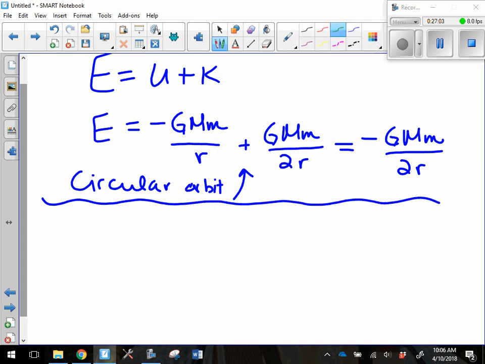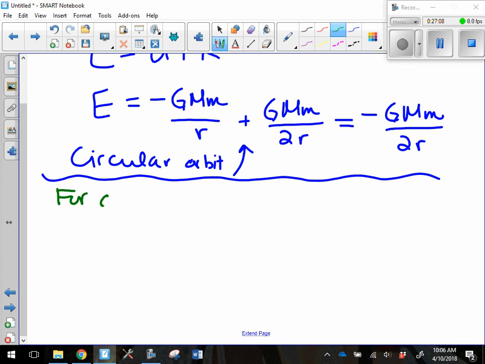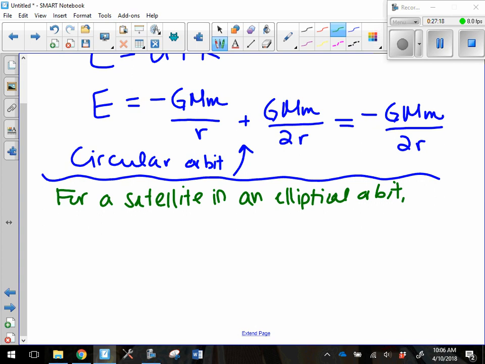Okay. I'm going to wave my hands and say, for a satellite in an elliptical orbit, that total energy is equal to negative GMm over 2a.